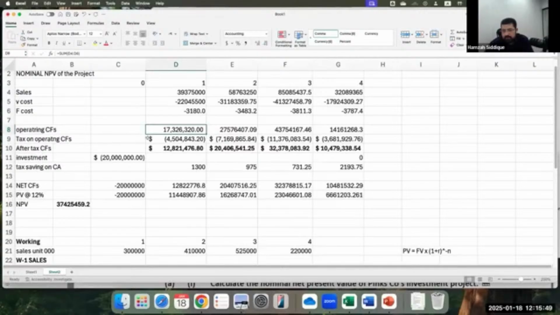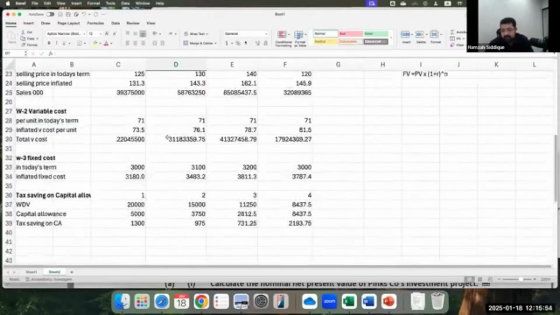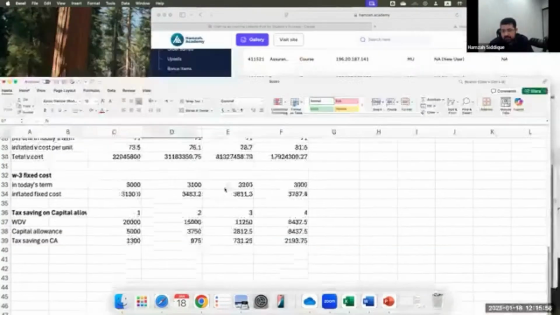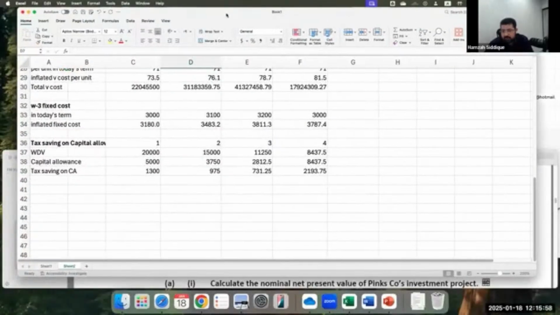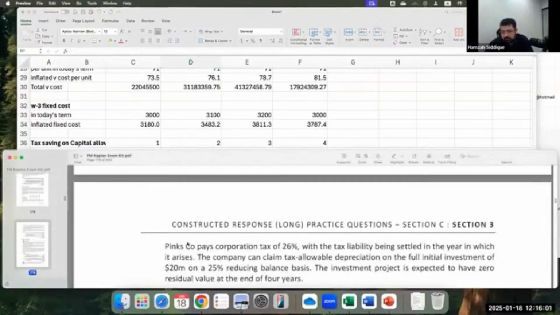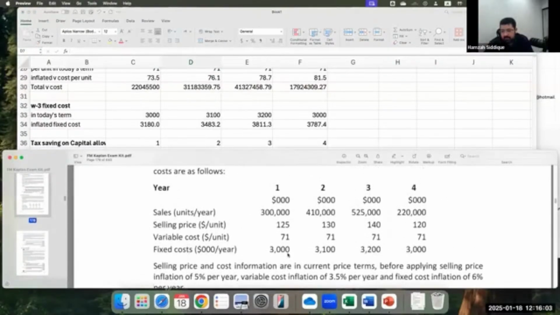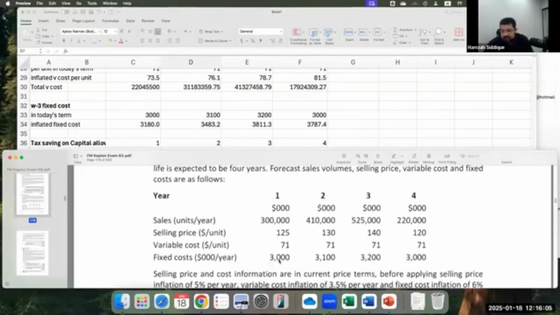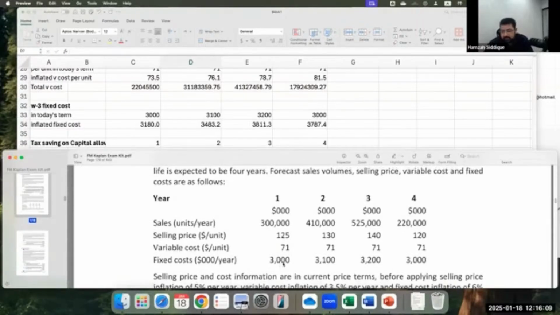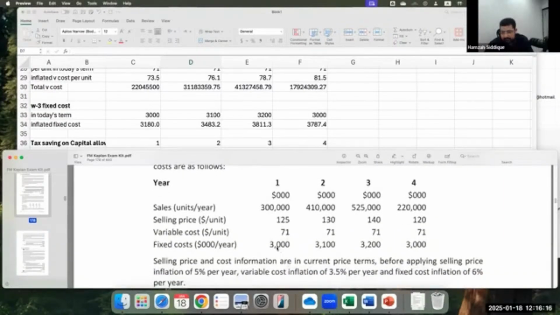It should be around, there is some, oh my God, there is an issue. What is the issue? I have figured it out. You see here, the issue is here. This is 3,000, okay, it is basically 3180.